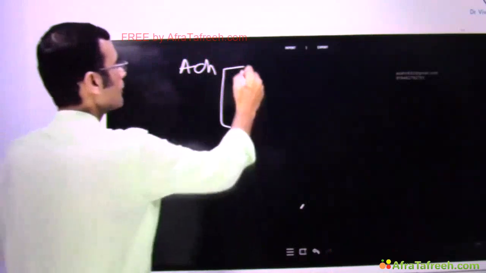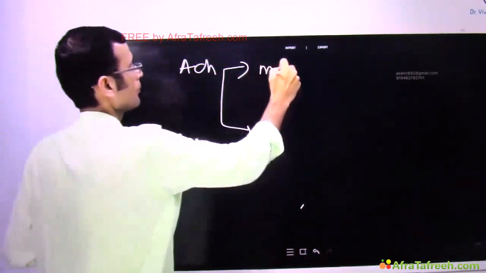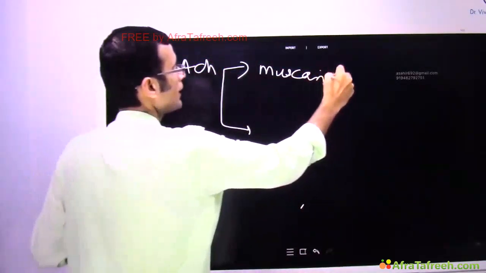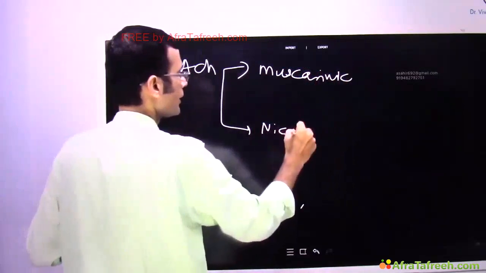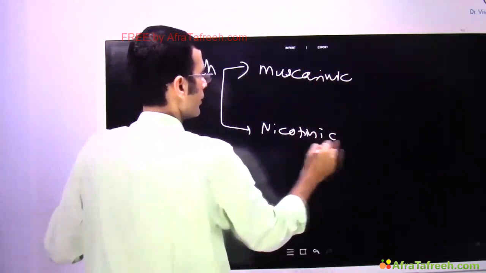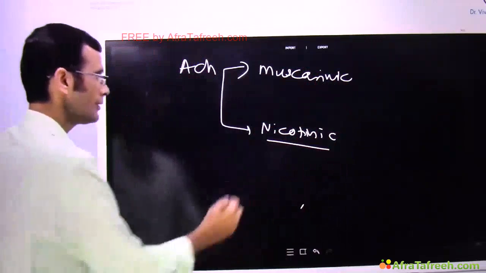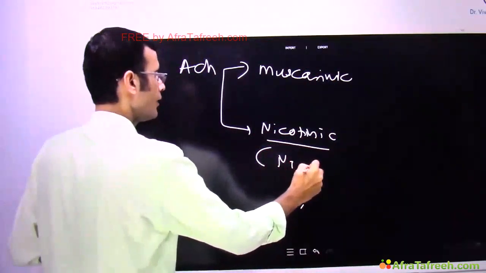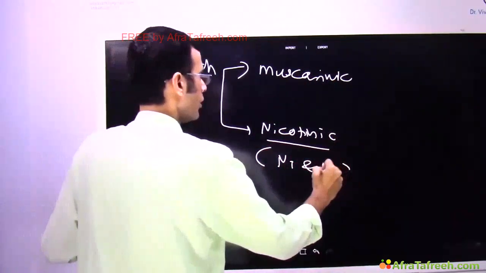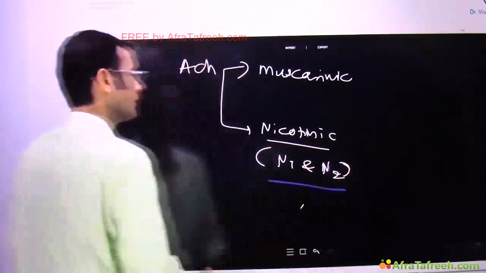Now, so far as the receptors are concerned, acetylcholine has two types of receptors, muscarinic and nicotinic receptors. Nicotinic receptors are of two types, N1 and N2. Where are these receptors present?